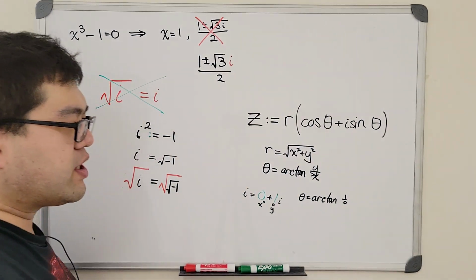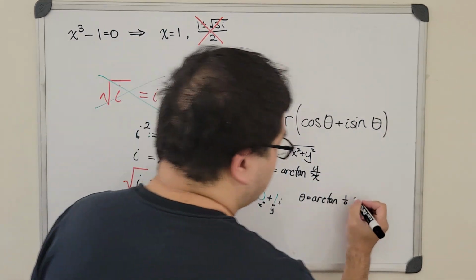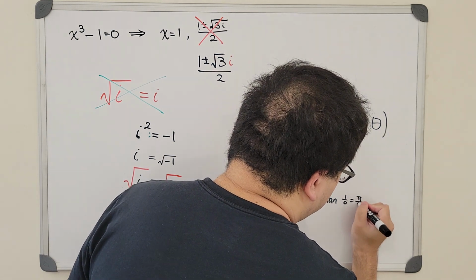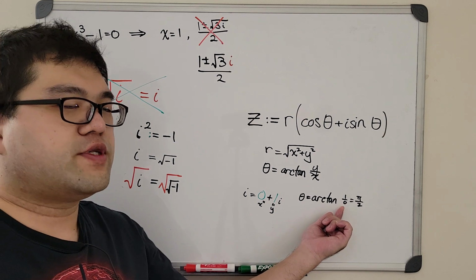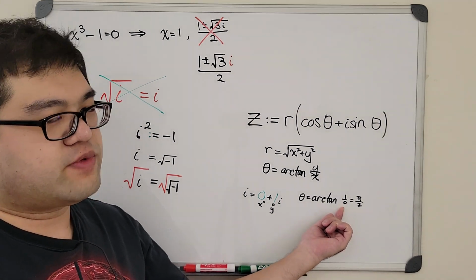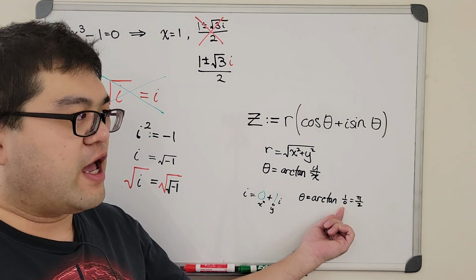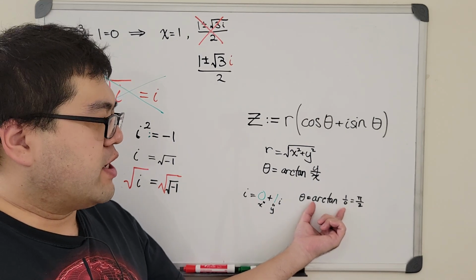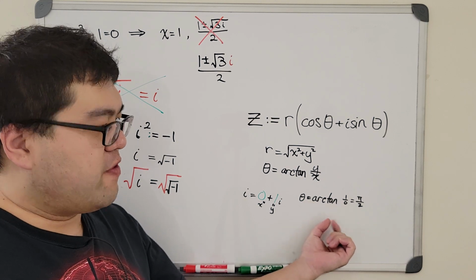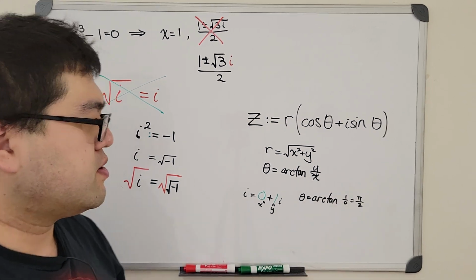Technically, we can think of it as 90 degrees. But this is a little bit controversial, because 1 over 0 is technically infinity, and infinity is not a number. But we can define the arctangent of infinity as 90 degrees.